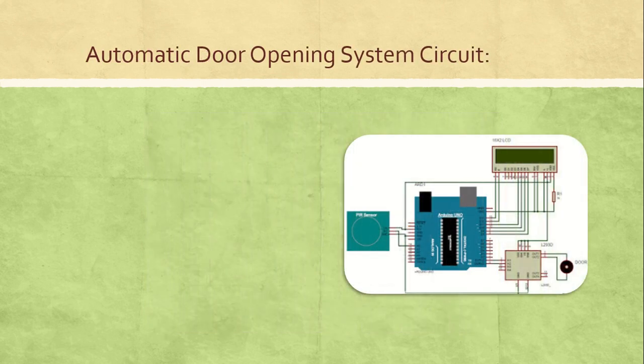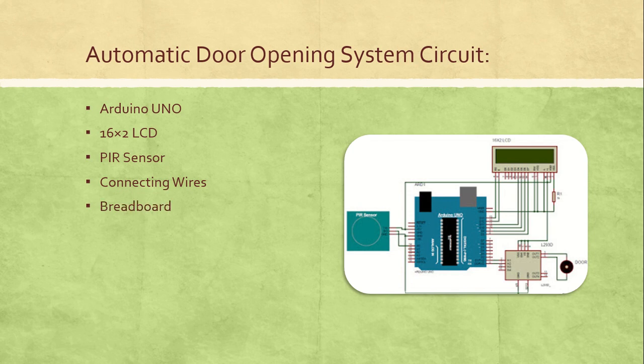There are 9 components in this system. First one is Arduino Uno, second one is a 16 by 2 LCD module, third one is PIR sensor, fourth one is connecting wires, fifth one is breadboard, sixth one is 1K resistor, seventh one is power supply, eighth one is motor driver and the last one is DVD.